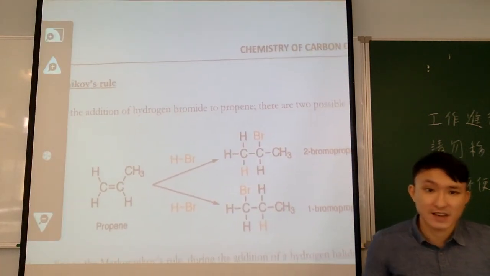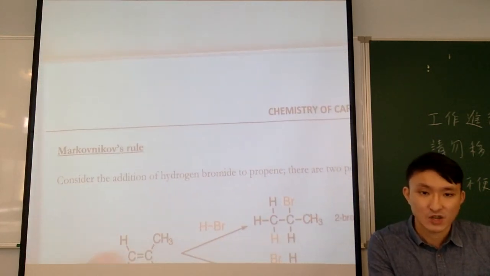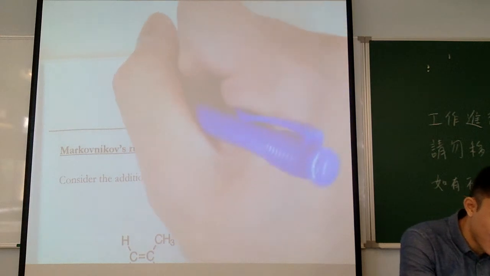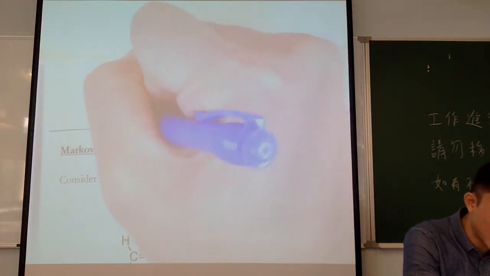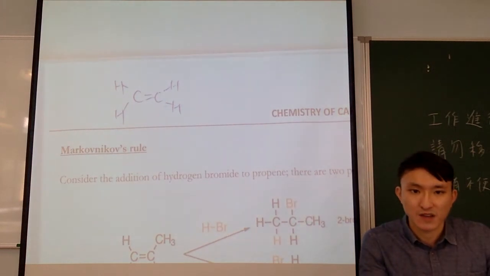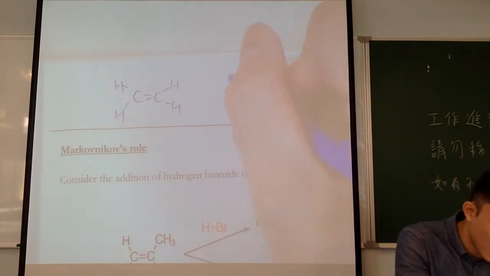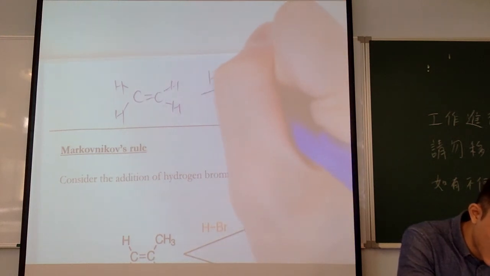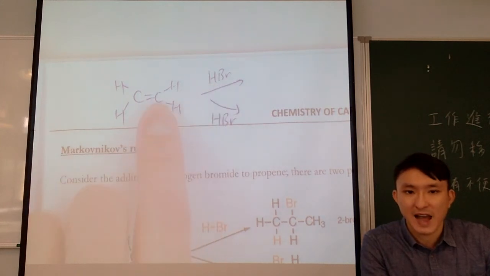Now, before we look at this example, let's just look at the addition reaction with ethene. Okay, now let's just say we have ethene. Now, with the C=C double bond, it is capable of undergoing addition reaction with hydrogen bromide as well. Now, if you react with HBr, then the question is, okay, where will the Br be added to?